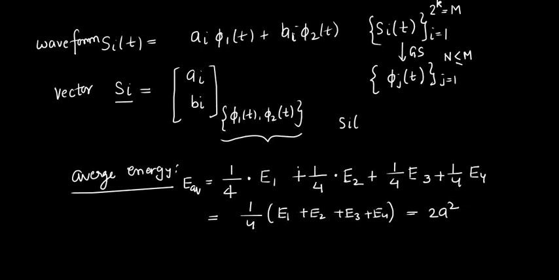So, each si(t) can be represented using s_i1, s_i2, the projections of si(t) over phi 1, phi 2, up to how many? N. Very good.